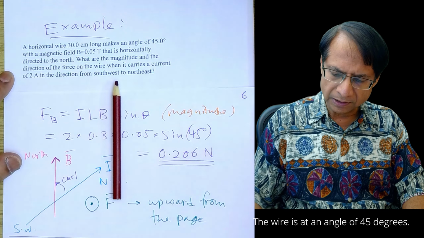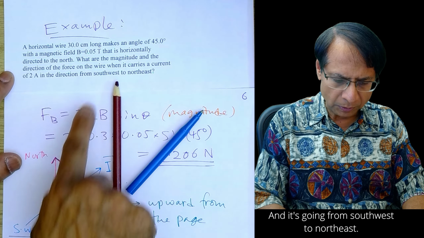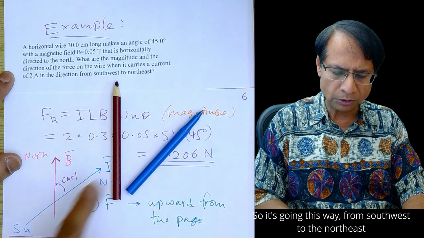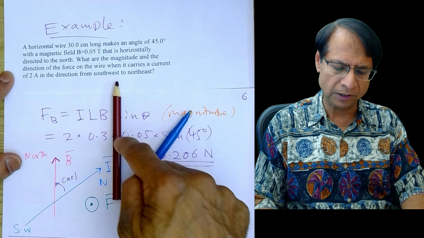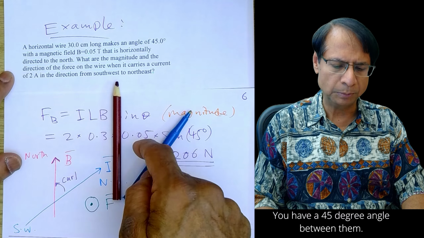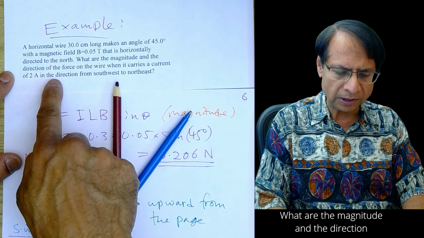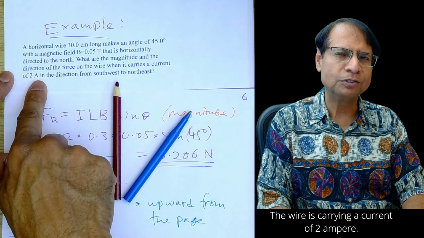The wire is at an angle of 45 degrees and it's going from southwest to northeast. So this is basically how these things are configured. You have a 45-degree angle between them. And what's the question? What are the magnitude and the direction of the force on the wire? The wire is carrying a current of 2 amperes.